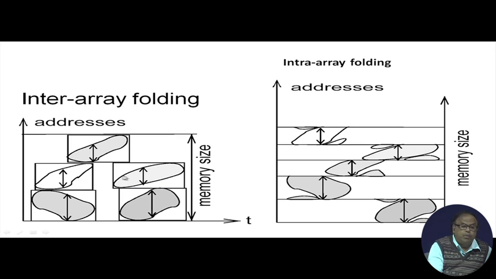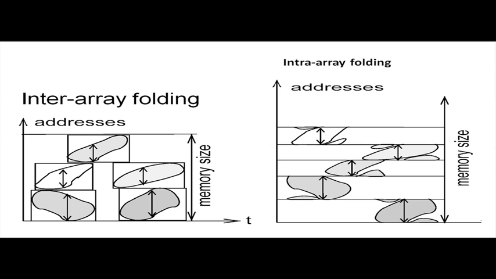So, I can simply decide to put them in the same locations, because they are being accessed at different points of time. And similarly, these two, their address ranges are overlapped, but they are being accessed at disjoint points of time. This is known as inter-array folding.